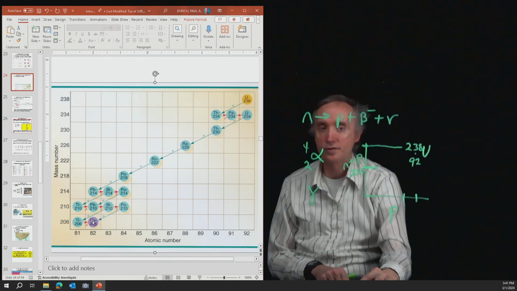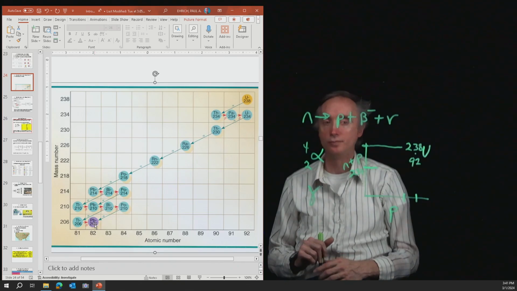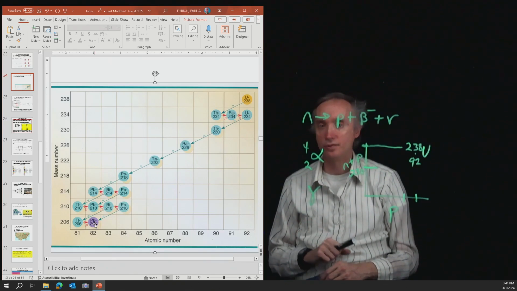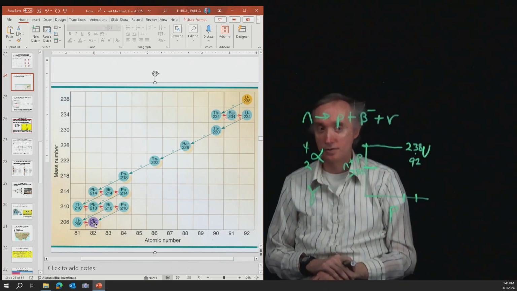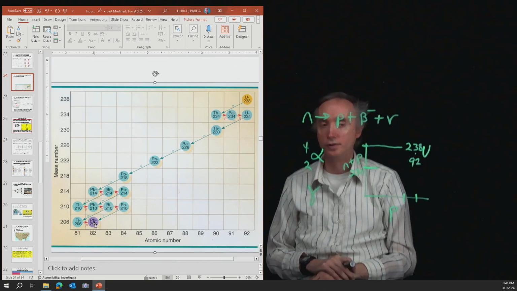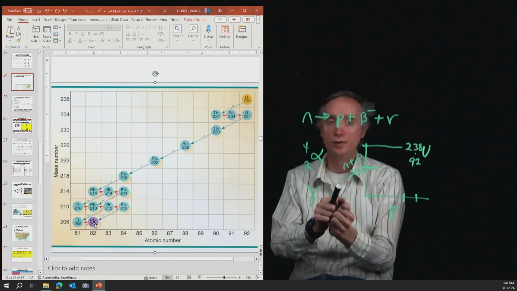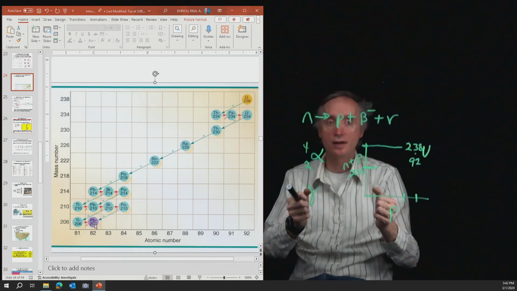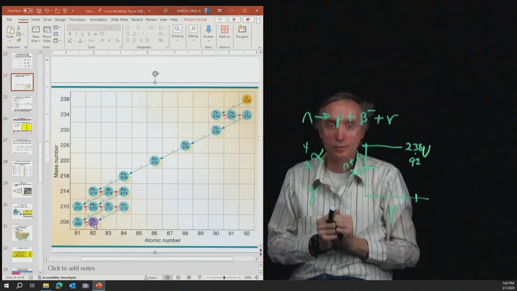So over here, this purple one is lead, and lead is pretty stable, but it's not the most stable. Do you remember what the most stable nucleus is? Iron. Do you remember that if you pull iron apart, nothing happens, and if you take iron and smash it together, nothing happens.